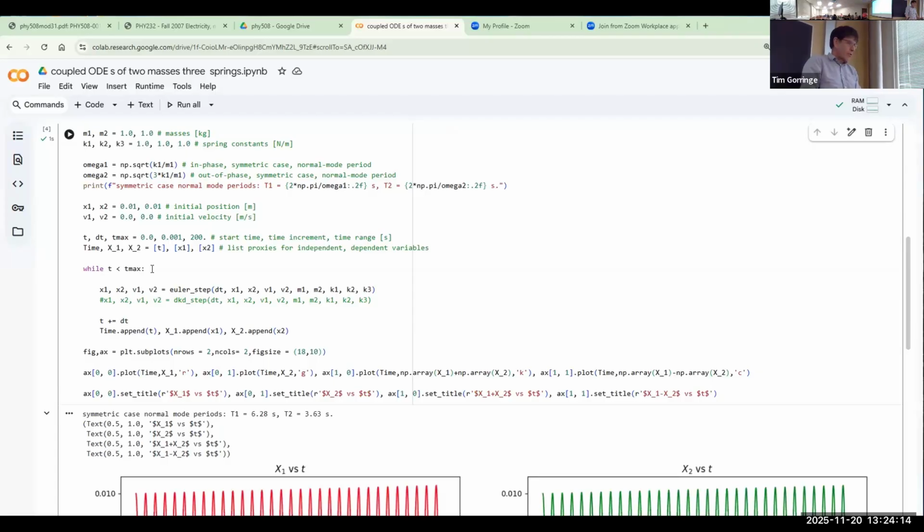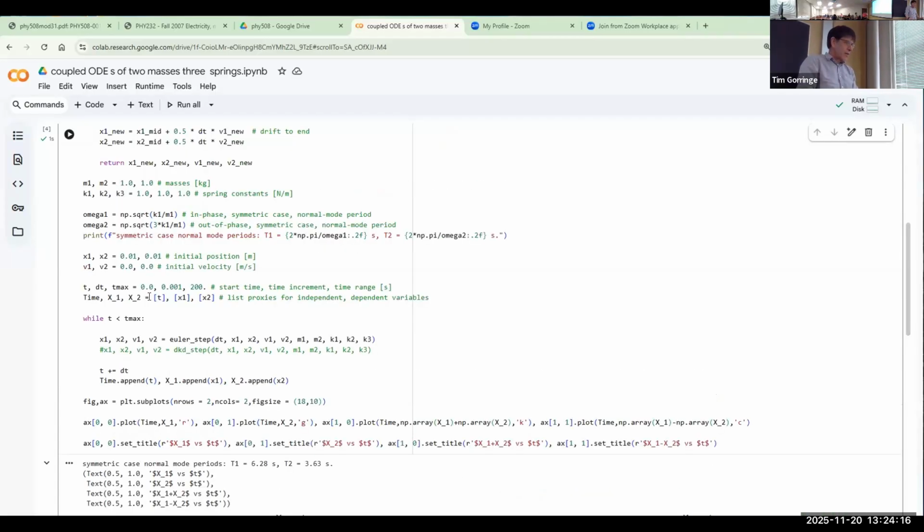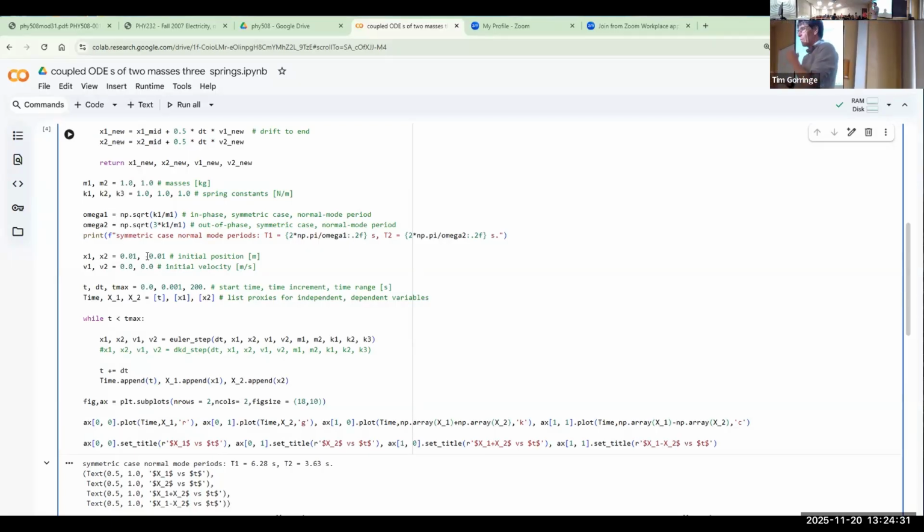Okay. I am going to change the initial condition. I'm just going to put in that minus sign. So now I'm going to start the two masses with the same amplitudes again, but I'm going to start them exactly out of phase. One is over to the left, and the other one's over to the right. I'm going to release them.